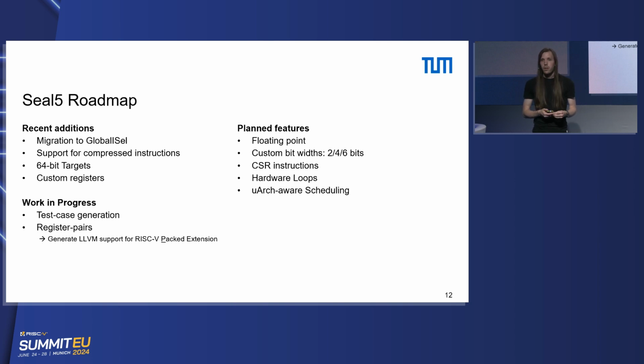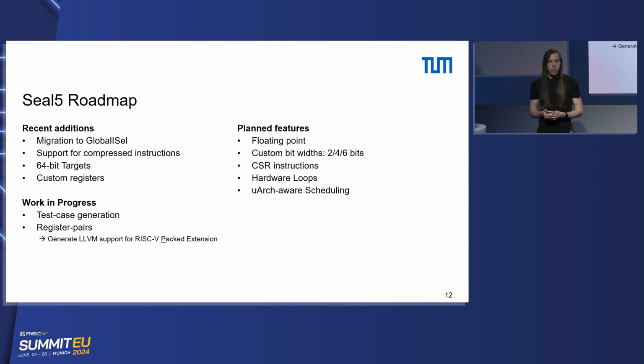Right now, we are looking into also automating the generation of test cases for the compiler, like smoke tests and unit tests. And we are also looking into generating support for register pairs, which will hopefully allow us to generate the LLVM support for the RISC-V packed extension when it's being finalized in the future.